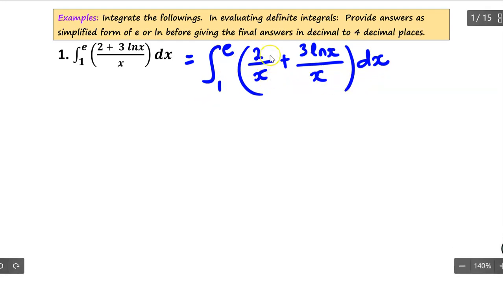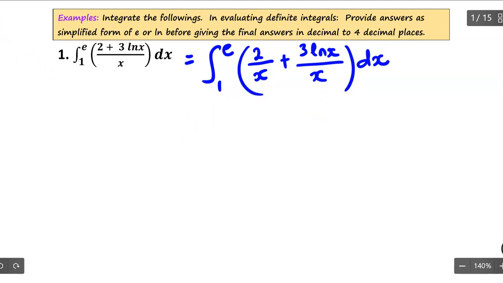After you break this into two fractions, you should apply the properties of integration. That means you can integrate this part of the integrand, and then you integrate this part of the integrand. That means you can break this into two integrals.